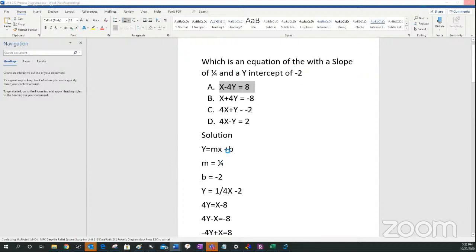And I know I have an equation for that. I have an equation of a line, which says y equal mx plus b. M is my slope and b is my y-intercept, right? So that's my equation. Now I go to my slope 1 over 4, my b -2.